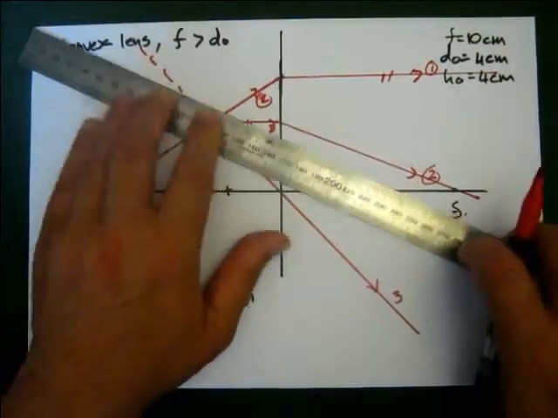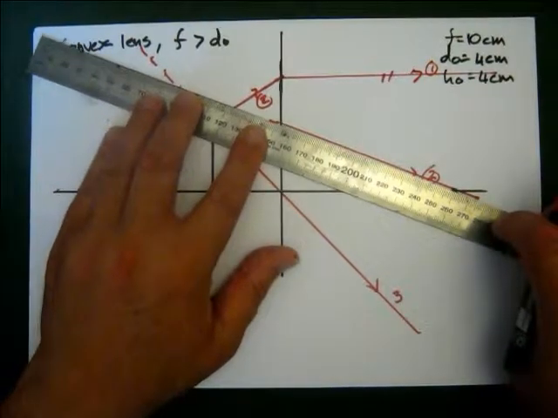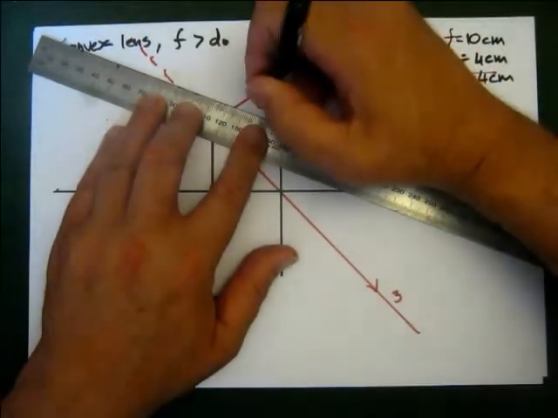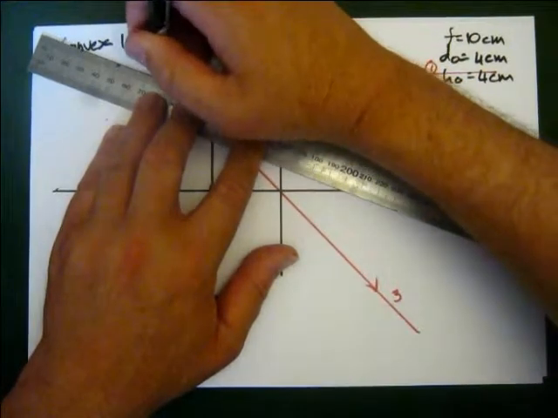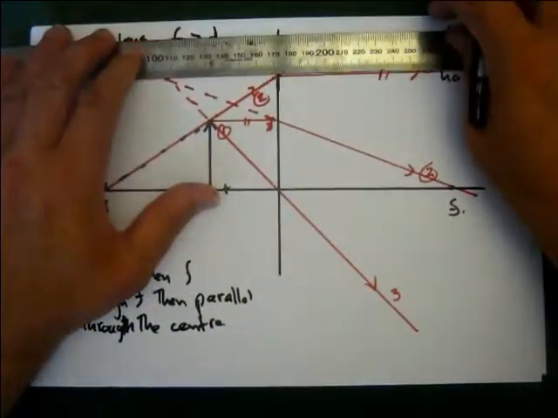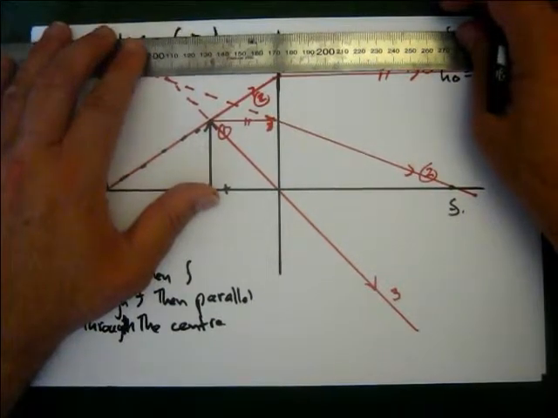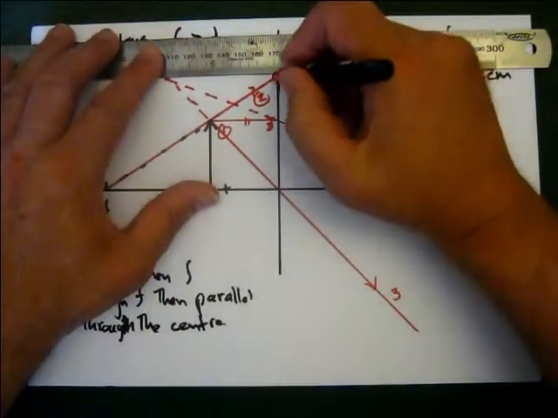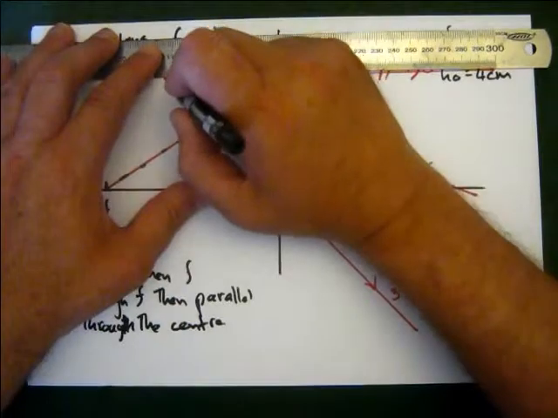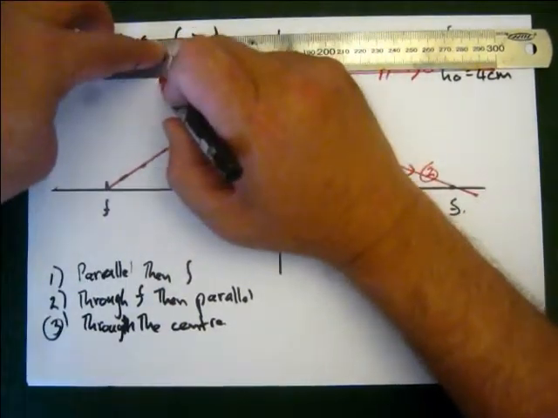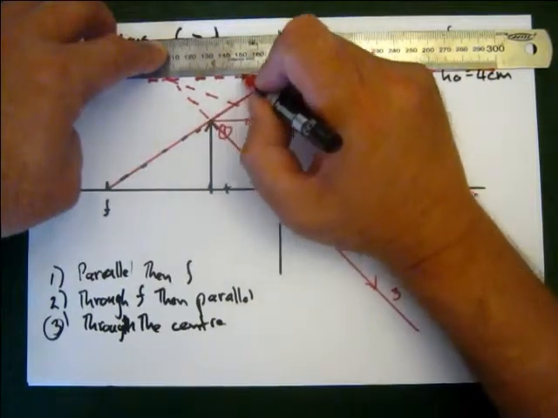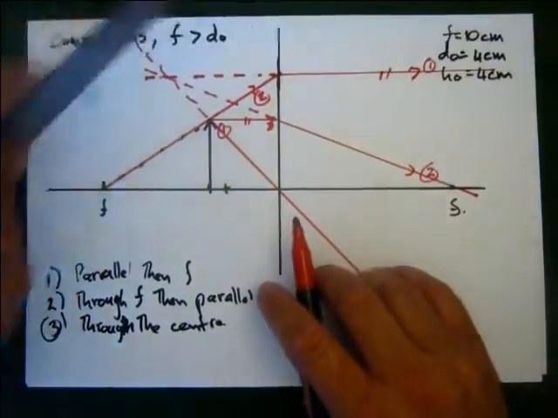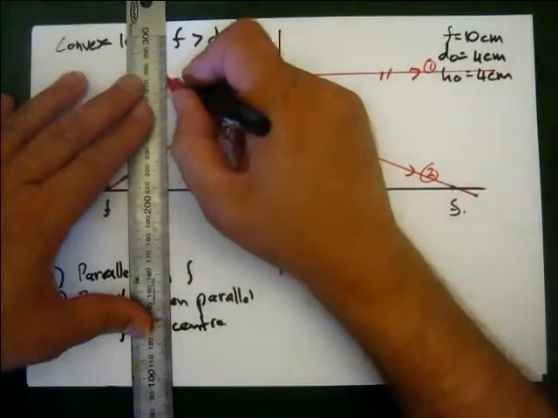I backtrack that ray, I backtrack that ray, and I backtrack ray number 3. Hopefully they all end up at the same place. So we backtrack them all and they all end up here.